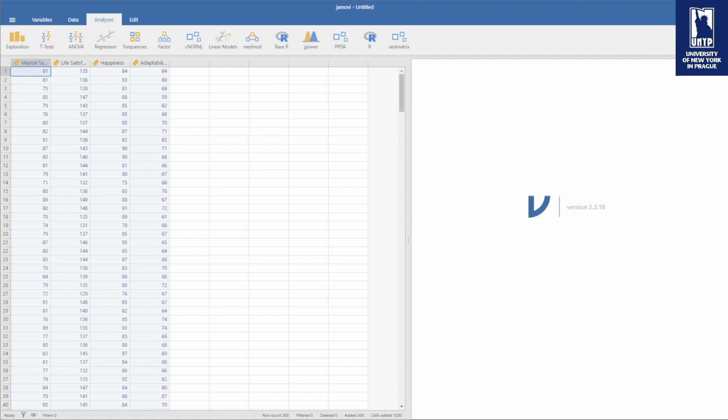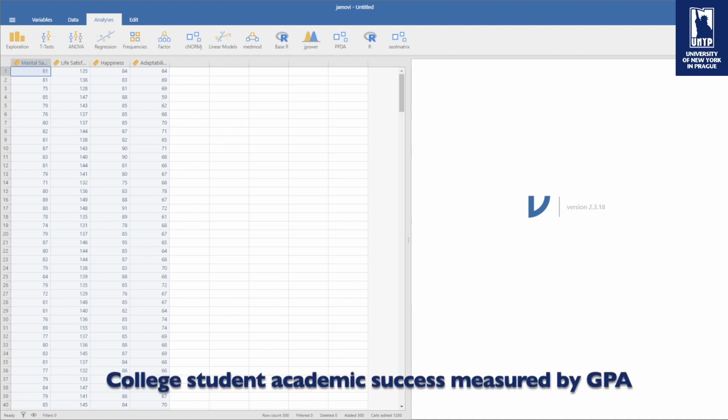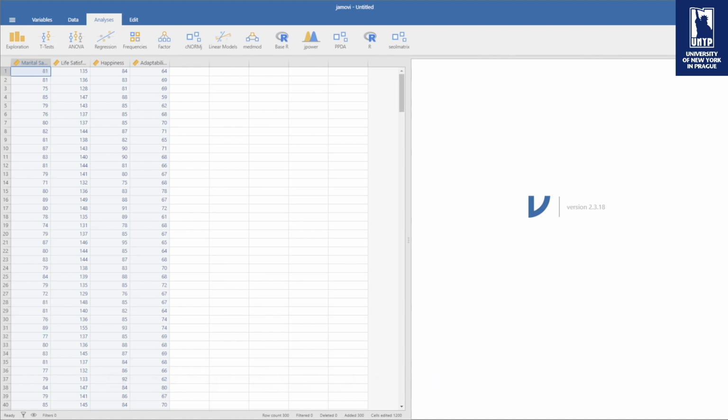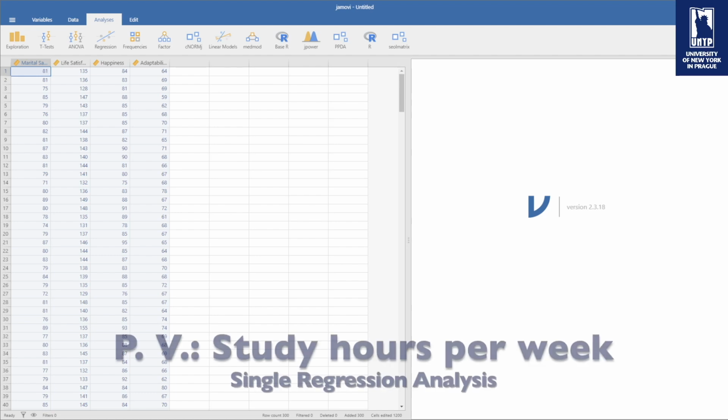So let me give you an example, very clear, very used one, just to clarify this. Let's say that we are interested in predicting college students' academic success measured by their GPA. In a single regression analysis, we might use just study hours per week as our predictor variable.